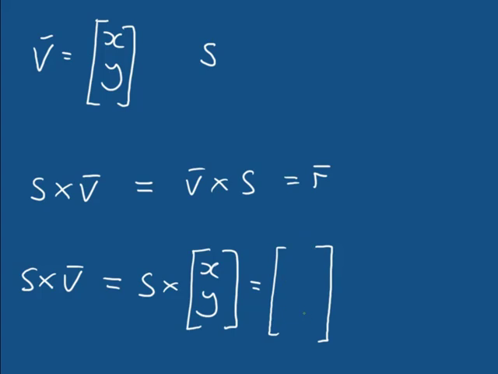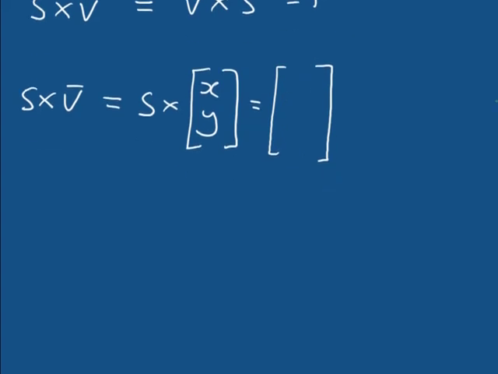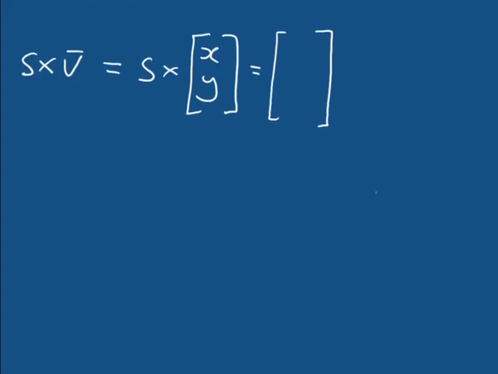Well, again, this is by the definition of how we multiply a scalar by a vector, and it's actually very simple. What we're going to do is take our scalar value, because it's first, and multiply it by each of the components of the vector in turn. In this case, we have two components, so we'll multiply it by the first component, and then by the second component.